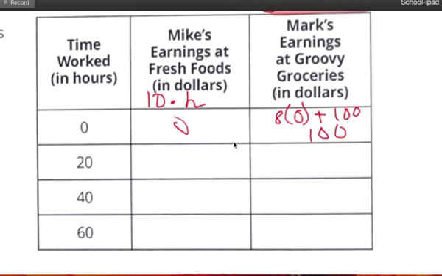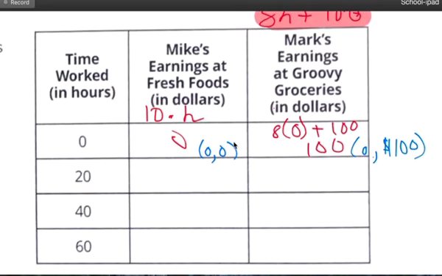So the ordered pair for Mike here is 0, 0. Mark is at 0, $100. 0 hours, he still makes that $100, okay? 20 hours, so 10 times 20. At 20 hours, Mike is earning $200.